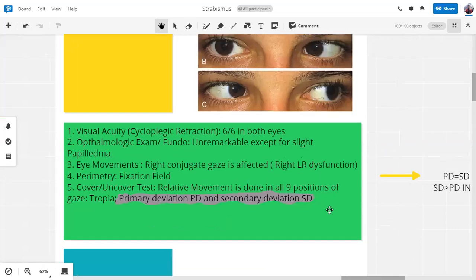What else can we do? How will you further work up or manage this question? MRI और CT करवा सकते हैं अगर कोई ट्यूमर या SOL चेक करने के लिए.